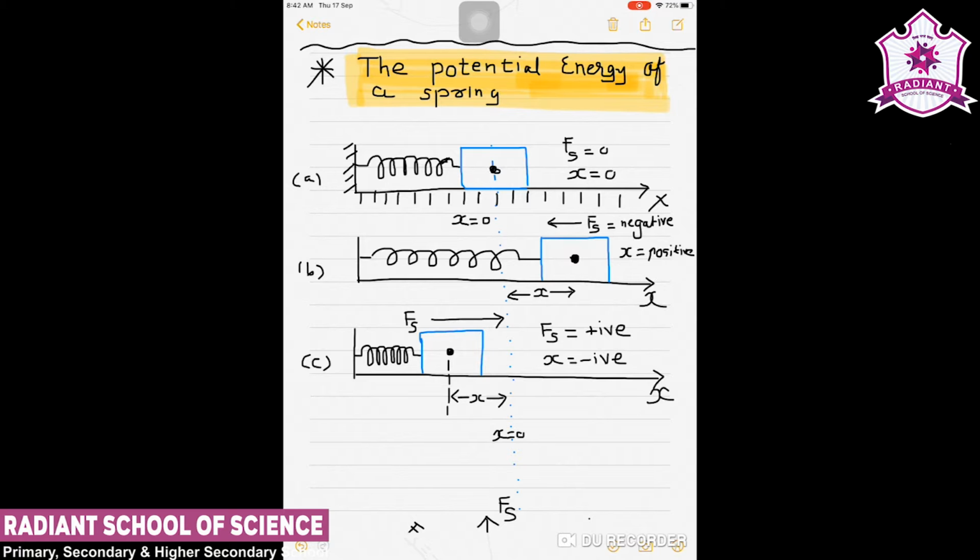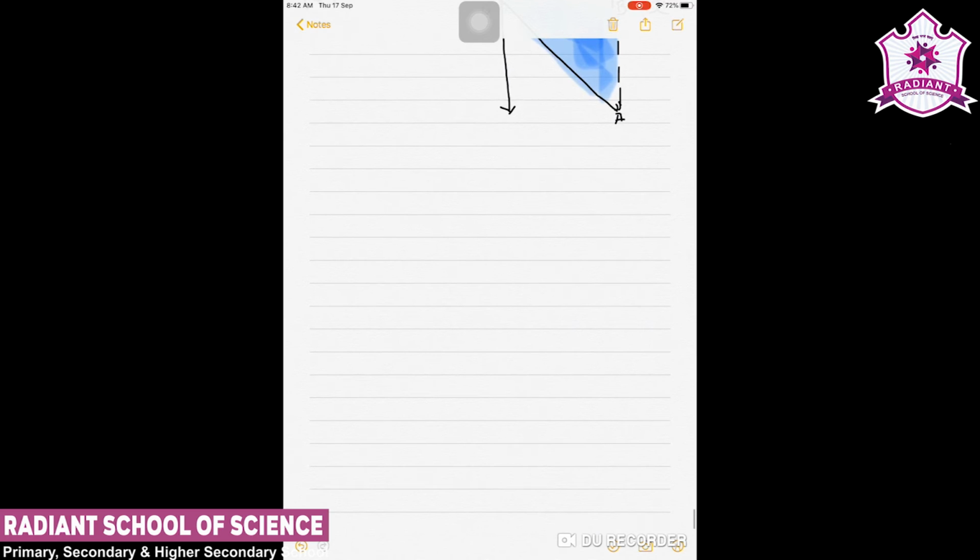So if we want the mathematical representation, we can write it in a manner that Fs is directly proportional to minus of x, and this is called Hooke's law.